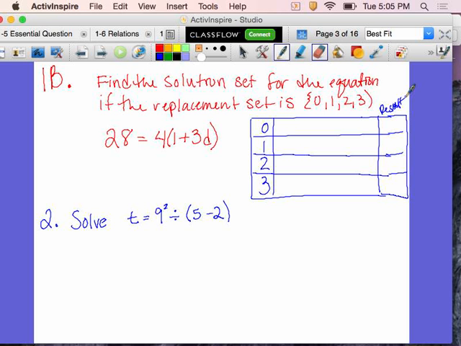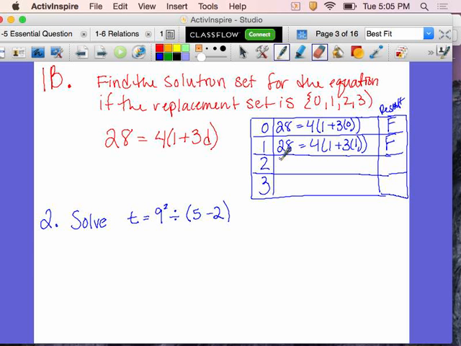Okay, so if I'm substituting in 0, it would be 28 equals 4 times the quantity 1 plus 3 times 0. And you can show work, or I think most of you could do this one in your head. So that's 0 plus 1, which is 1, times 4 is 4, so this is false. Okay, continue on, doing the same process. So this is 3 plus 1 is 4, times 4 is 16.